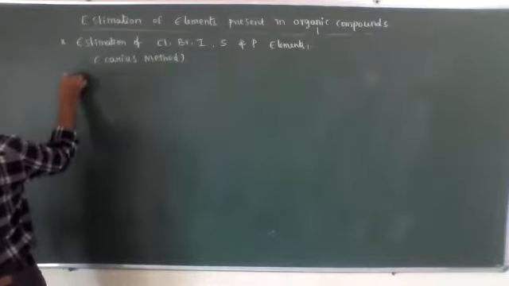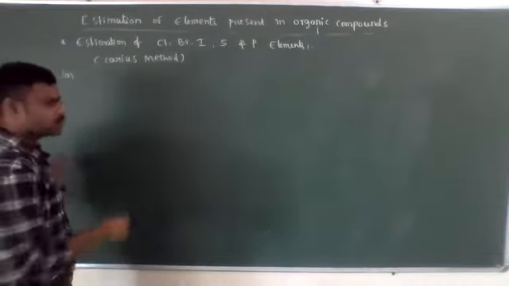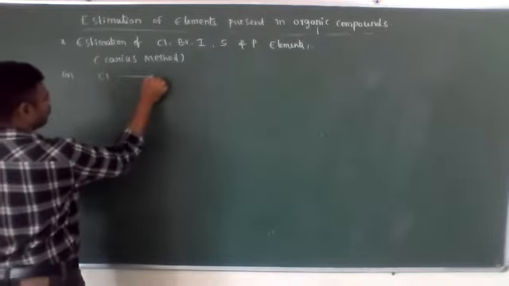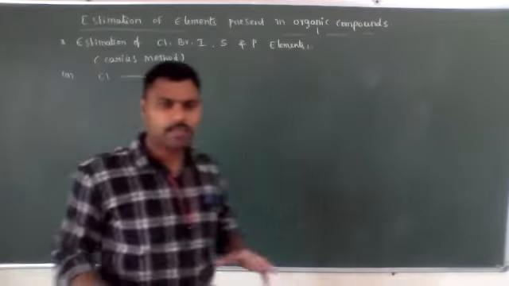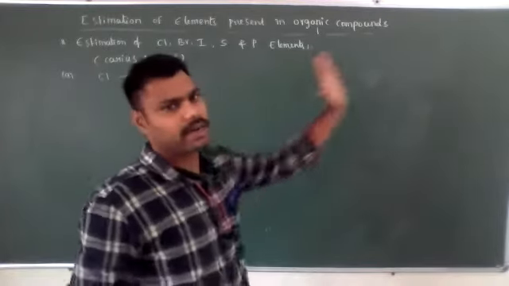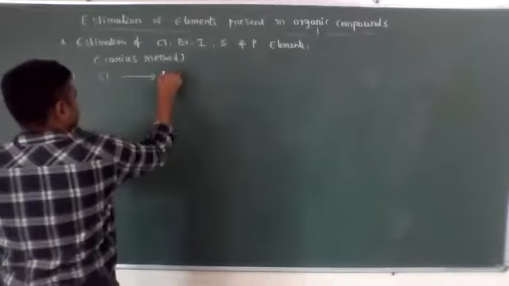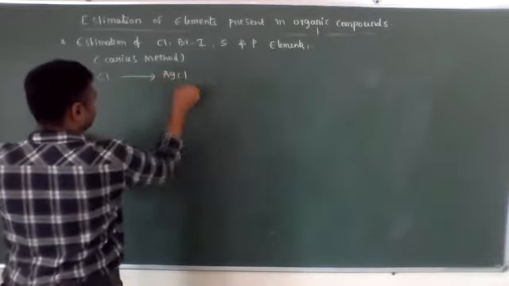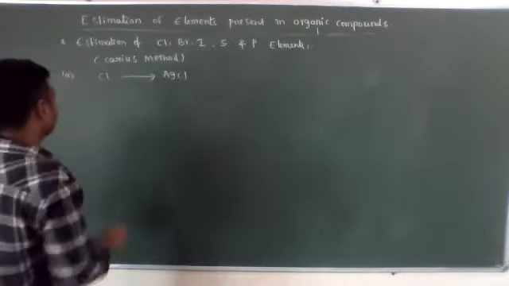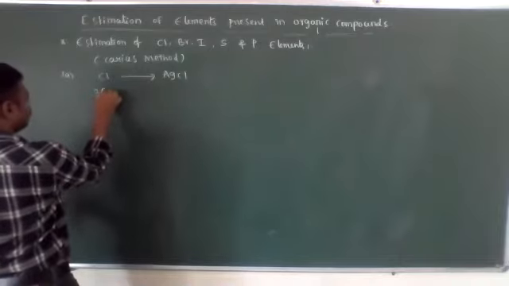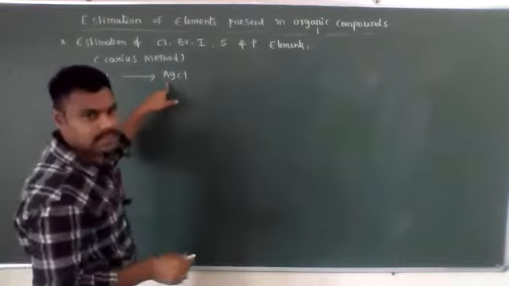See the first one, chlorine is present. Whenever chlorine is present in organic compounds, that chlorine comes out in the form of silver chloride, AgCl. The atomic weight of chlorine is 35.5. What is silver?